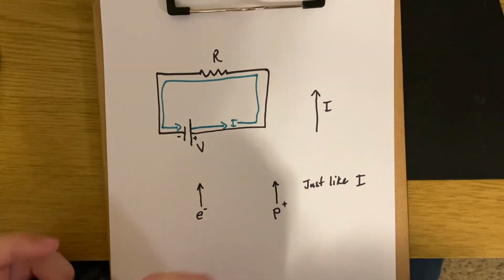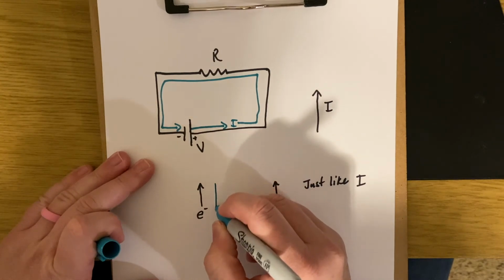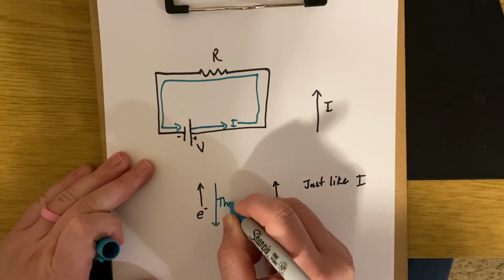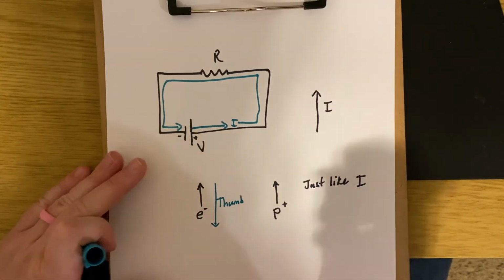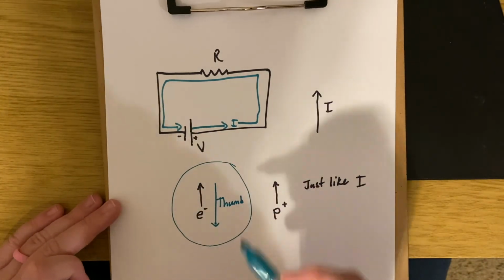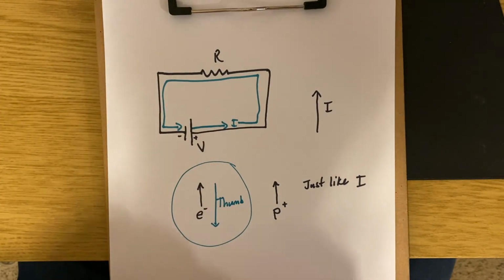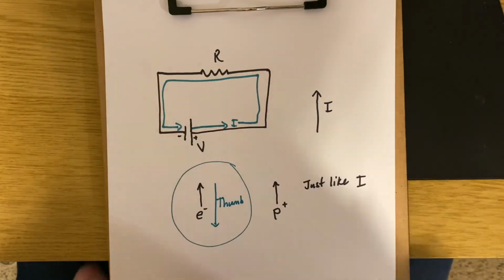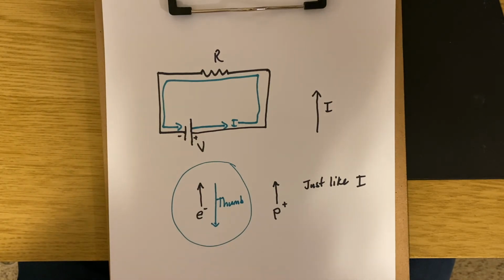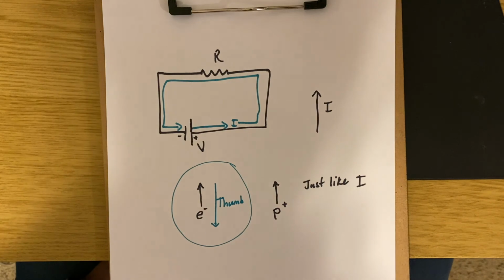So if the electron is going up the page, your thumb would be pointing down the page. This is the only time that you would have to do something different with that. It comes from this idea that conventional current is still discussed as going from positive to negative, even though the flow of electrons goes from negative to positive.